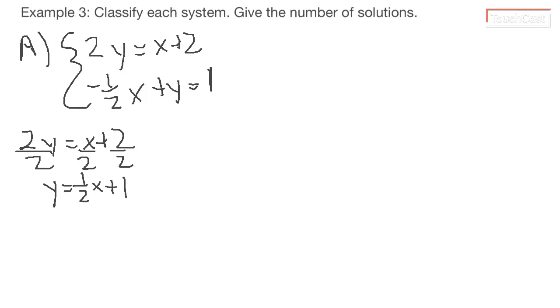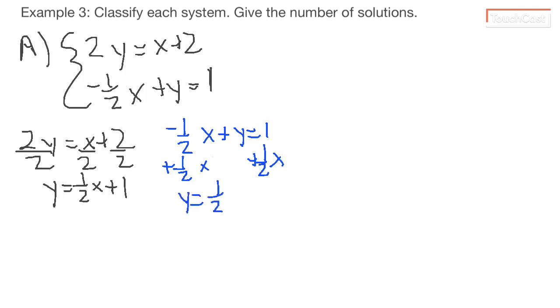And then in the second equation, I'm going to write that one here in blue, negative 1/2 x plus y equals 1. We're going to add the 1/2 x to both sides. And from there, we're going to find that we get y equals 1/2 x plus 1.